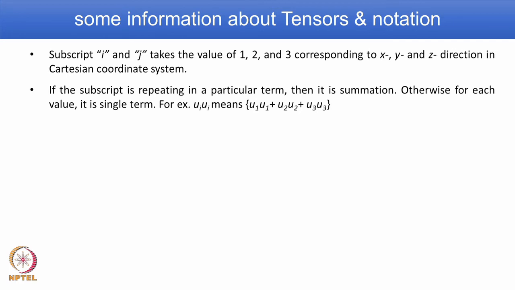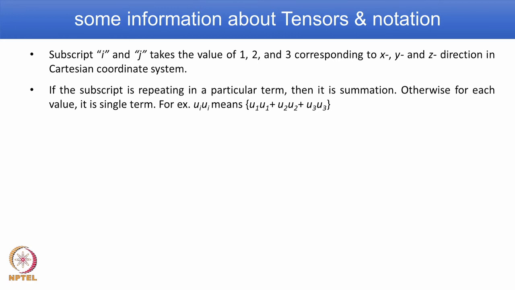If the subscript is repeating in a particular term, then it is summation. If it is not repeating, then for each value you get a single term. For example, if I write u_i as one term, the i subscript is repeating in both, so it becomes a summation.